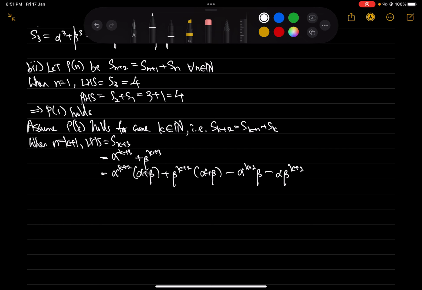Well, this is because that way we could create S(k+2), and maybe we could get S(k+1) here, but we don't know. But for sure we're getting S(k+2) now. And then minus alpha beta, we have alpha^(k+1) plus beta^(k+1), which is S(k+1).